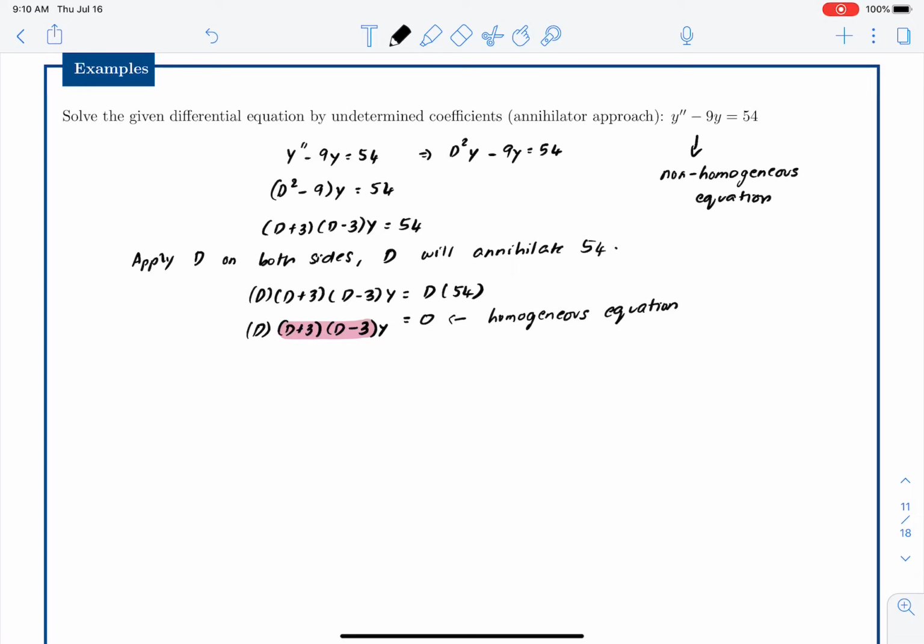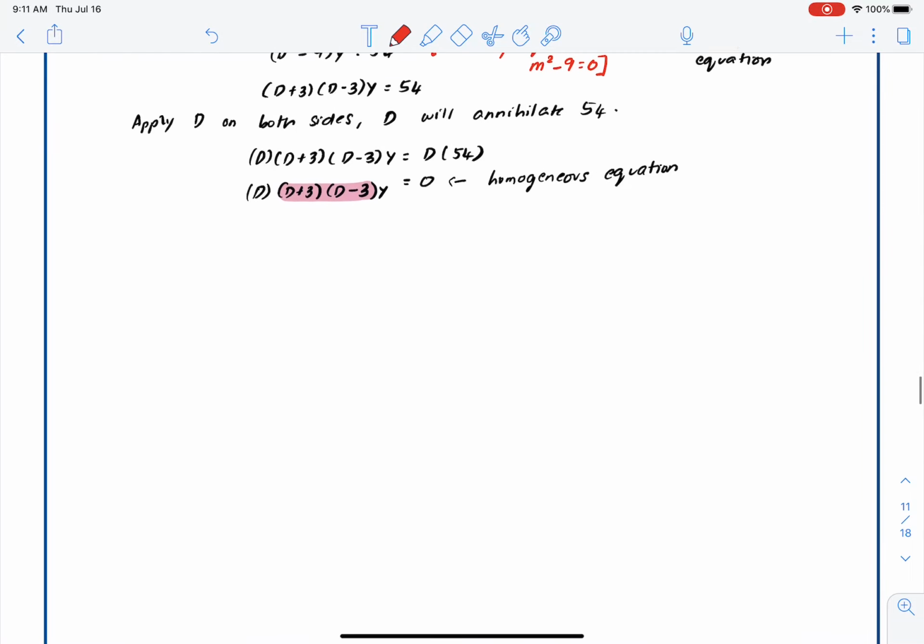If you can't see it right away, you can actually write, based on what we've learned earlier for homogeneous equations, the auxiliary equation corresponding to y double prime minus 9y is simply m squared minus 9 equals 0.